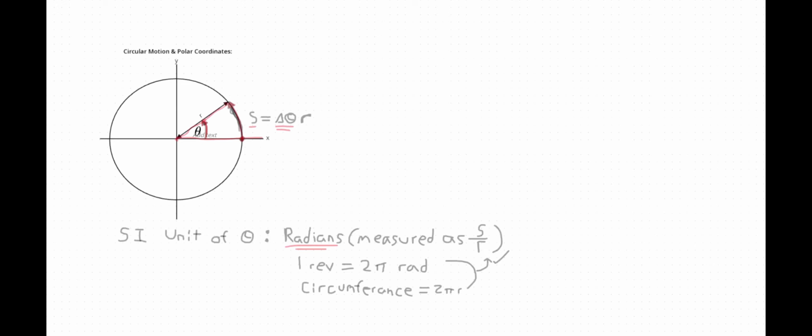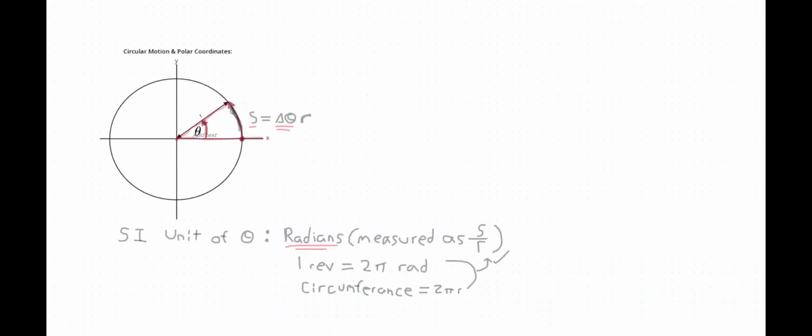The ratio that radians compare is the part of the circle, the part of the circumference, you've covered. So that would be your arc length divided by the radius of the circle you're making. And both of those are measured in meters, meaning radians are technically a name we give to a unitless metric, a unitless ratio of two different distances.